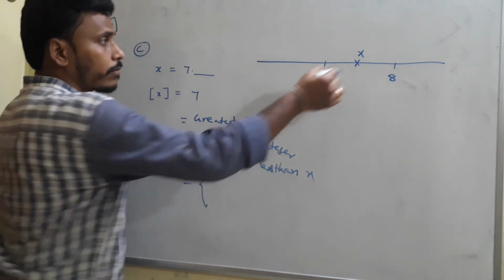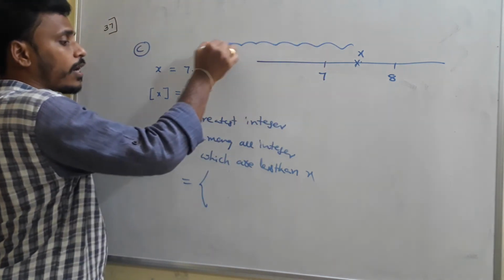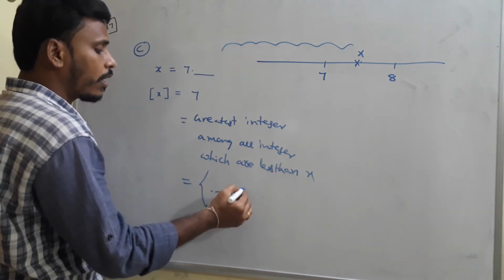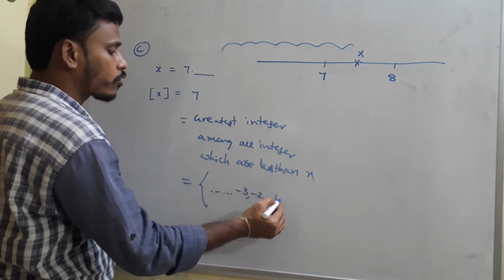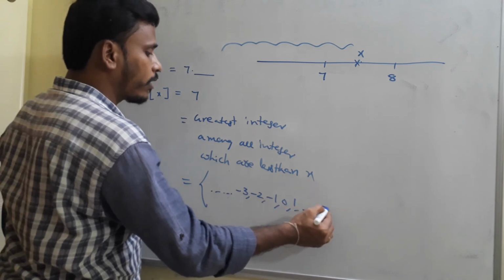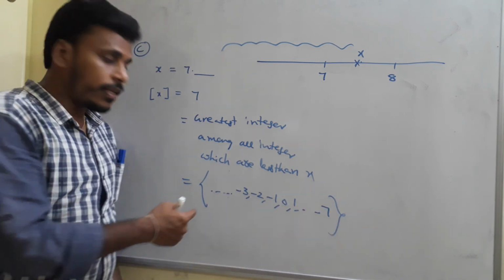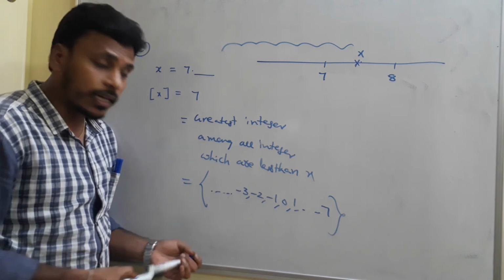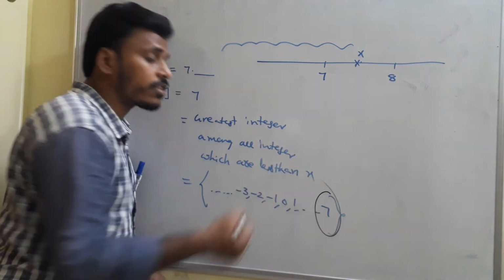See, x is here. The integers which are less than x means there are many integers, and if you start like this, minus 3, minus 2, minus 1, 0, 1, 2, like that, 7. See, this is the list of all integers which are less than x, and in that list, this 7 is the greatest number.